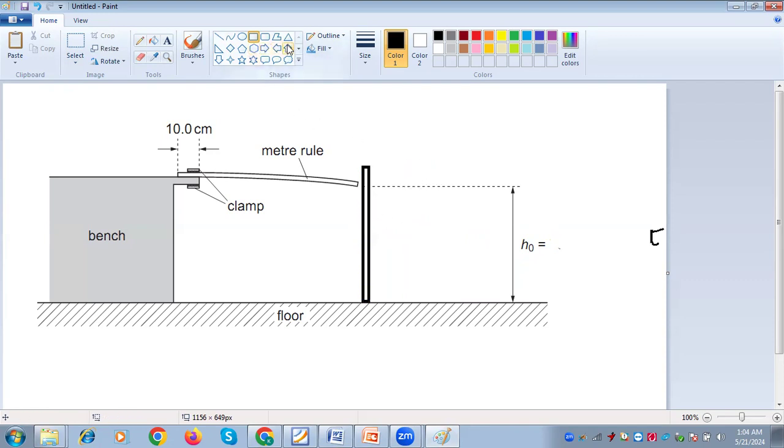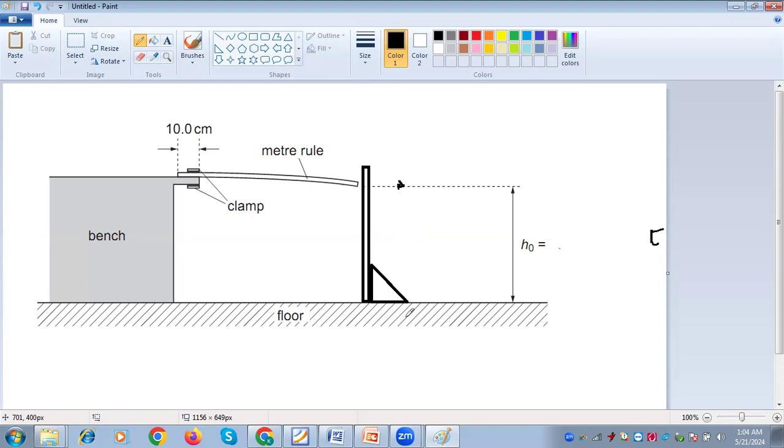Besides this, you will need a set square to see whether your ruler is exactly vertical or not. Here I have placed a set square, and you will note down the initial value, keeping your eye in level. This is the initial position of the rod when no mass is hung.